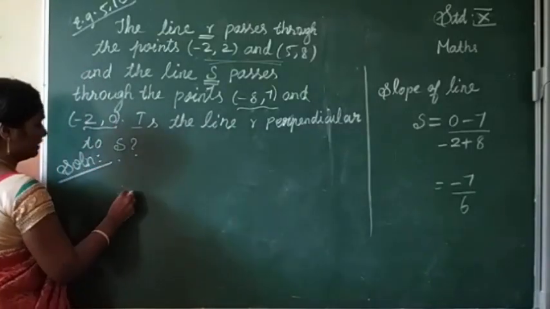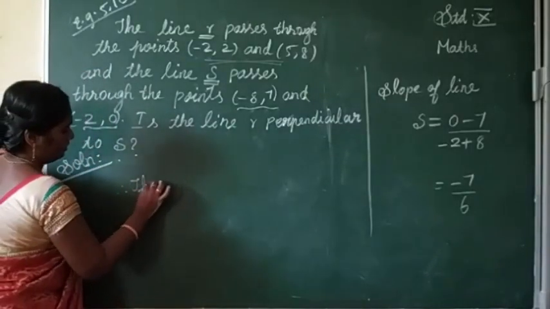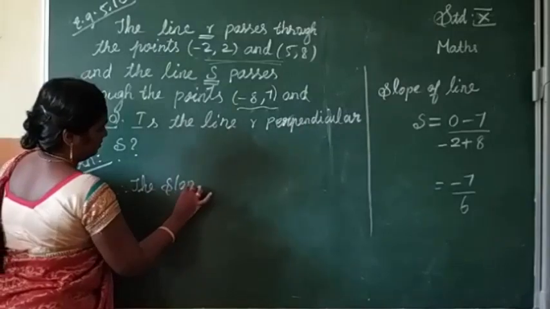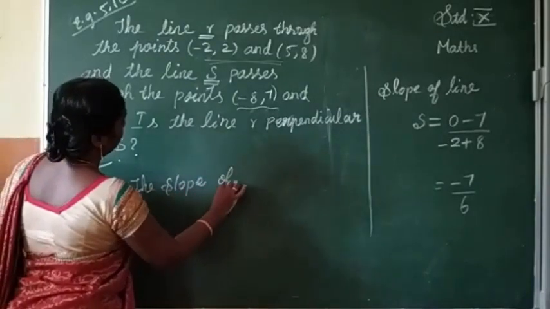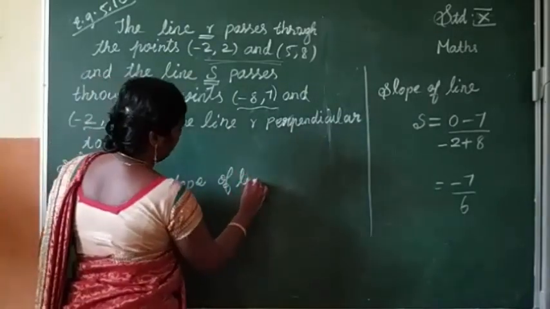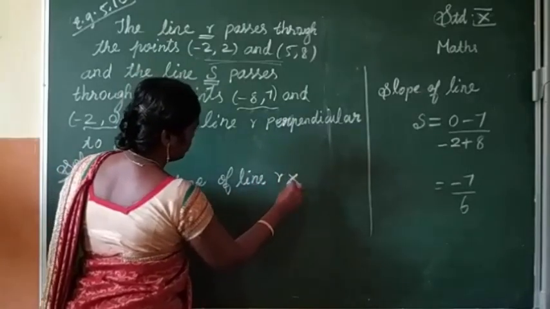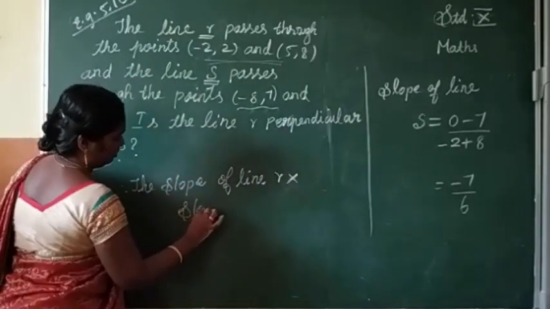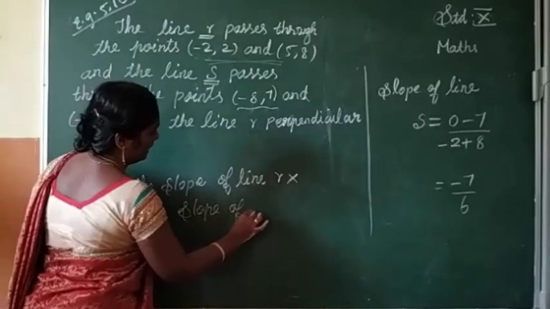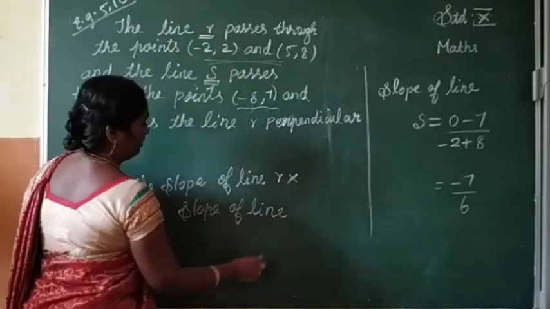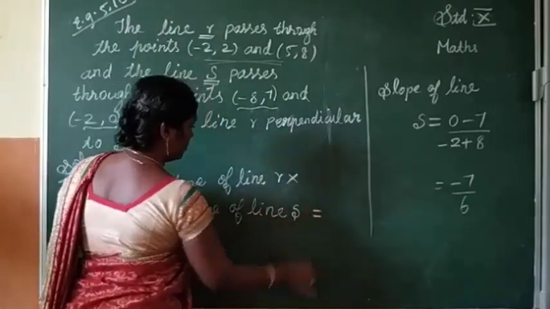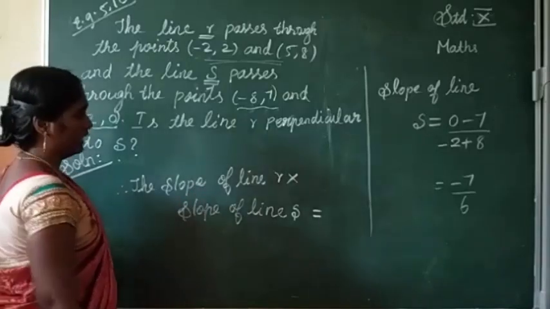So first, the slope of line R into slope of line S. That is equal to, what is the slope value for line R?